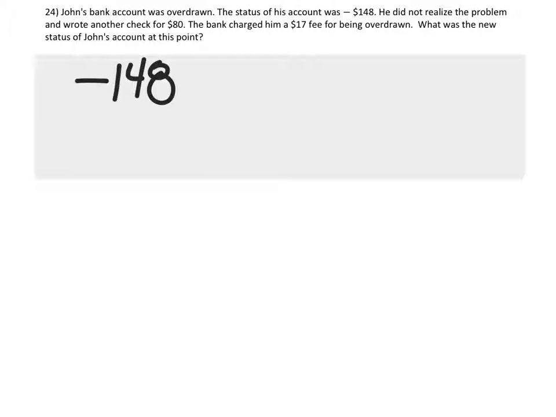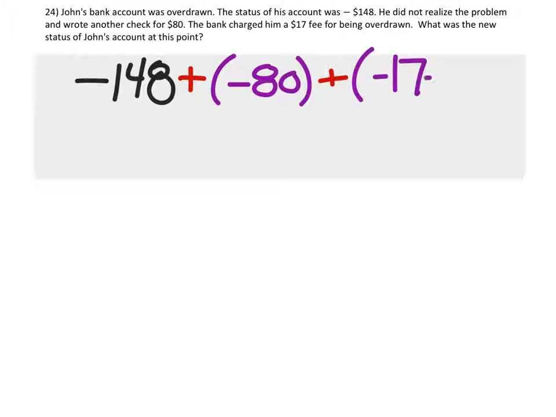And then, like we talked about on that last example, we're going to add this to the $80 check that he just wrote, which makes that a negative 80. But then, in addition to that, the bank says, this is not good, buddy, so we're going to charge you another $17. It's like winning the lottery right there.